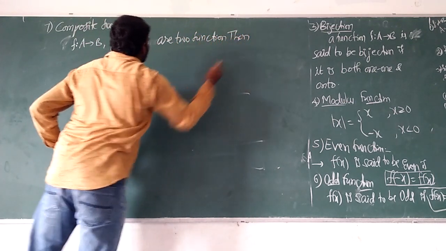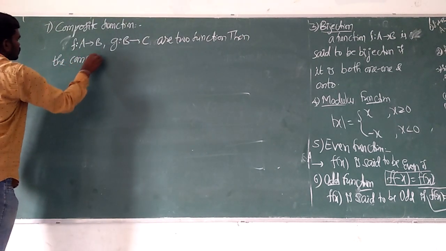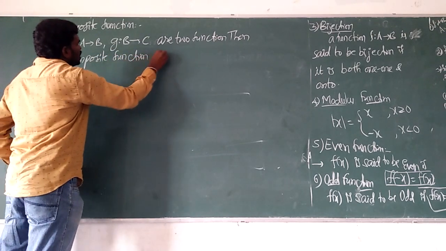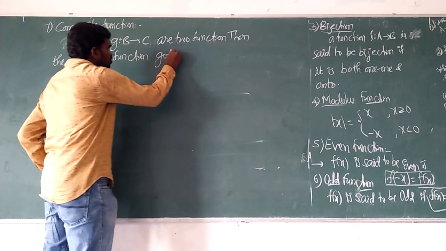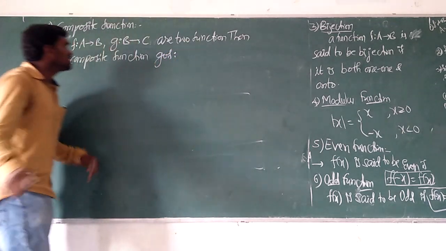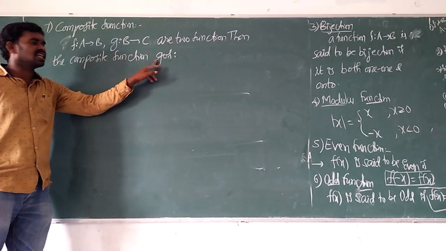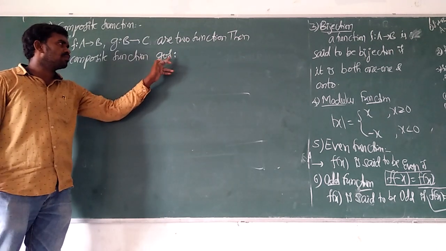Then the composite function is g circle f, and g circle f maps from A to C. See here, this is the first function taken and this is taken as the second function. So from mapping to back side we have to move.